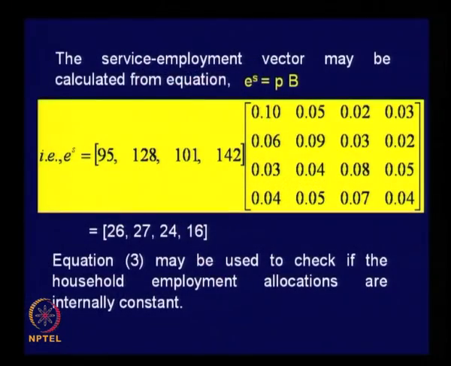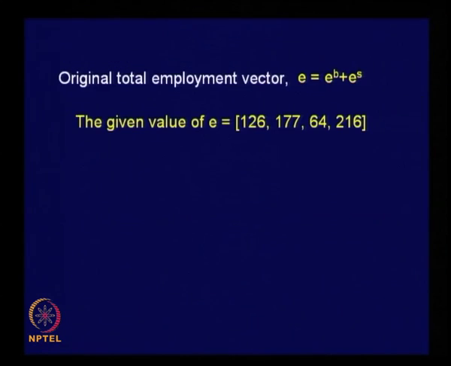Now, equation 3, you may recall what the equation 3 was, may be used to check if the household employment allocations are internally constant, okay. This is what we do, we do this for just checking. We estimate ES value differently and then sum up both and check whether it is matching with the total employment value which we have already got.